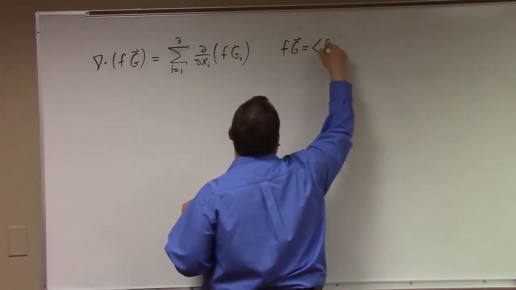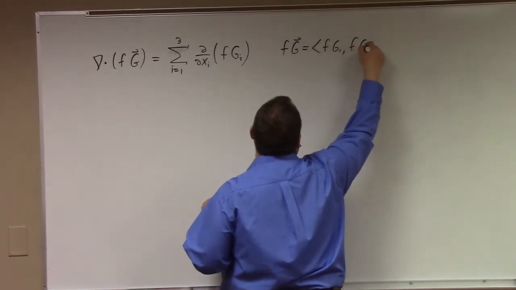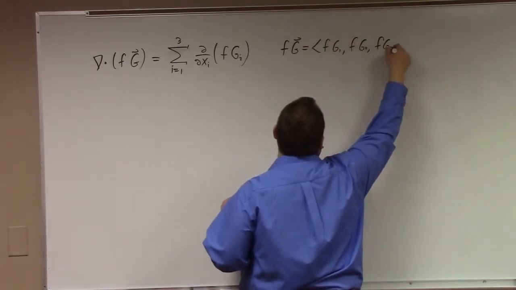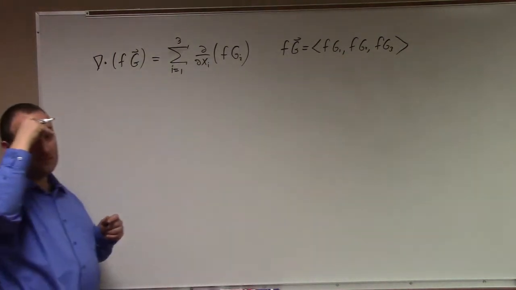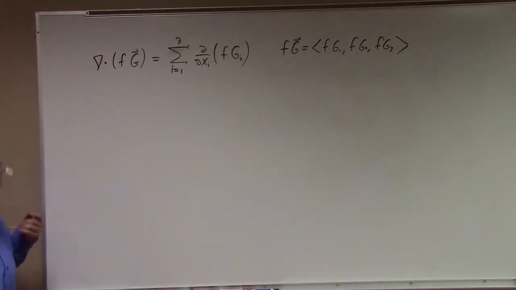It's equal to fg1, fg2, fg3, right? So this is the ith component of fg, right? What is the formula for the divergence? It's the ith derivative of the ith component, summed from i equals 1 to 3.